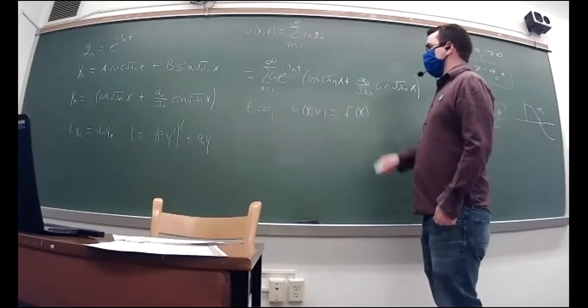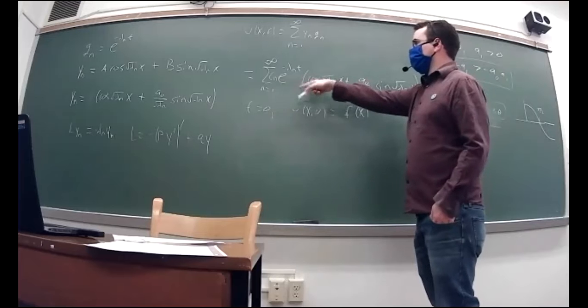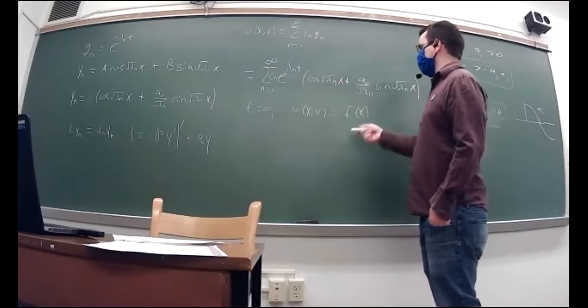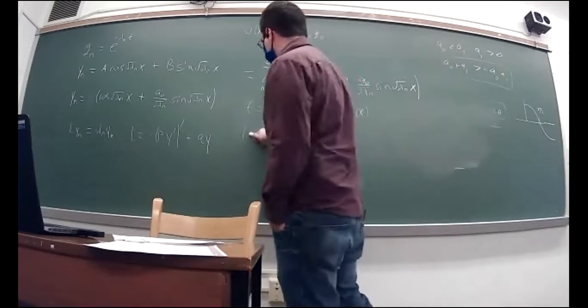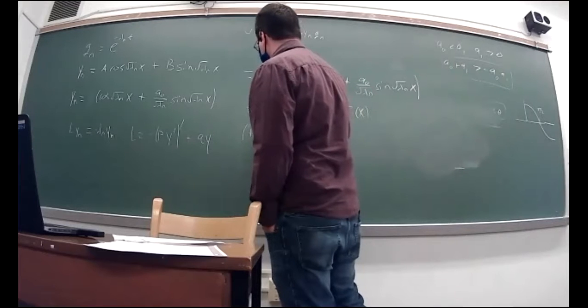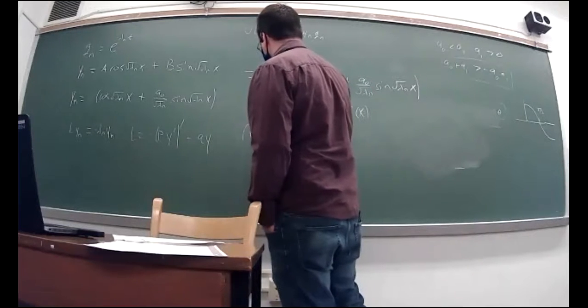So this is the substitution that I'll make: figure out the coefficient c sub n, plug in t equals 0, obtain f of x, and then take f of x inner product with y sub n.